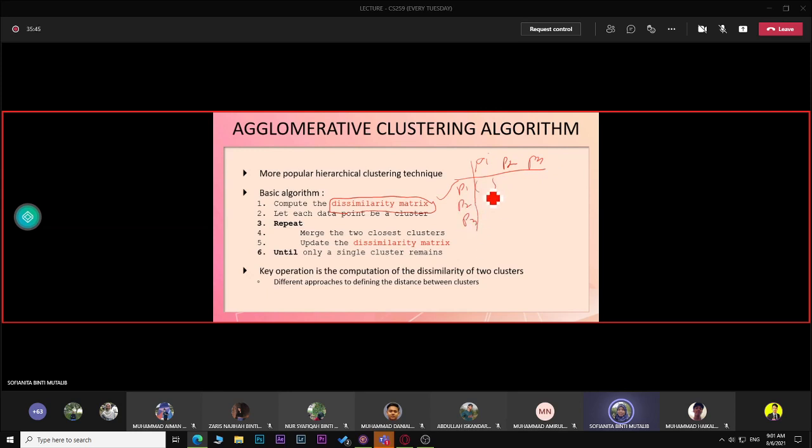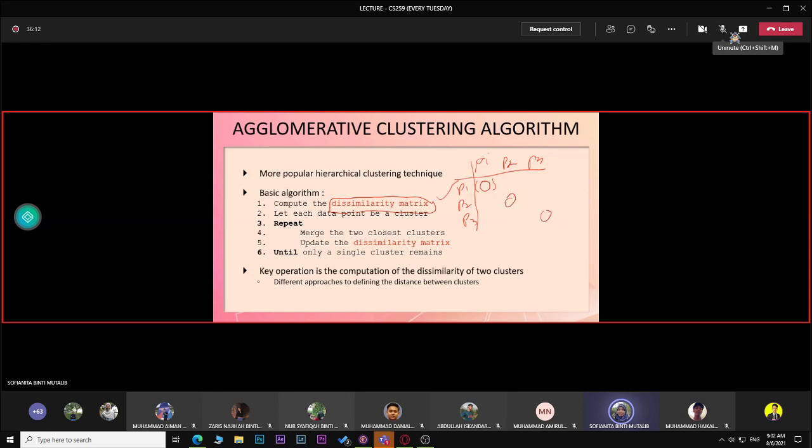What is the value here? So the distance of P1 with P1 will definitely be what? How much? The distance of P1 with P1, the distance between you and yourself. Zero. Empty, right? The distance between you and yourself, is there any difference? No difference, because you are the same object. Okay, this one will be 0.